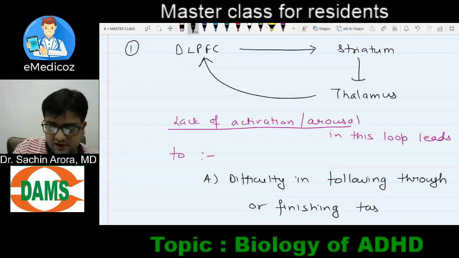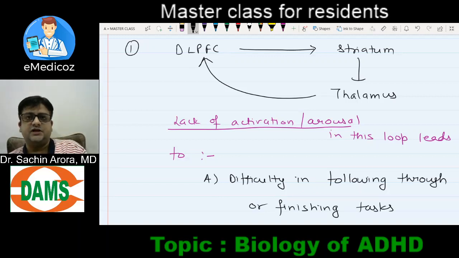Understand what we mean by sustaining attention. Attention can be drawn and has to be sustained in order to finish a task or follow up how much I have done. This function, sustaining attention, is due to effective information processing involving the CSTC loop with cortical primary center as DLPFC. When this information processing is not normal, the person cannot follow up or finish the task.